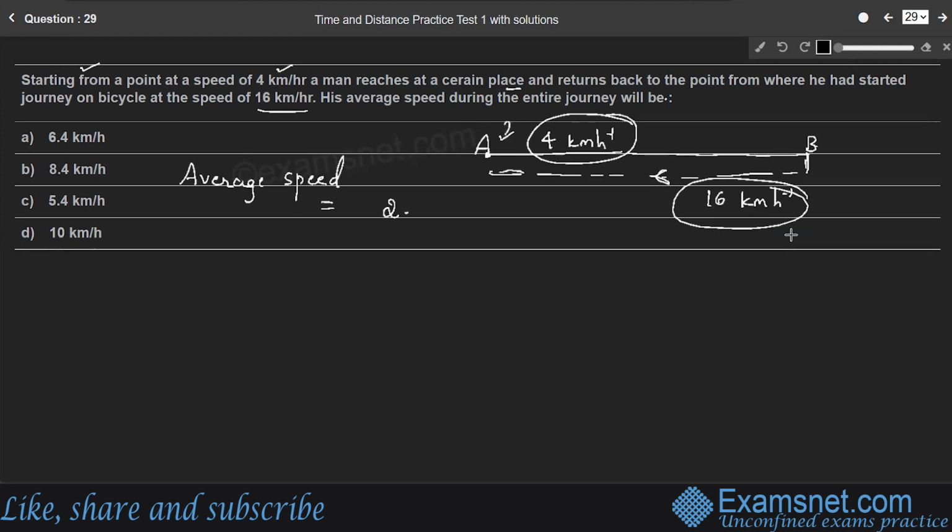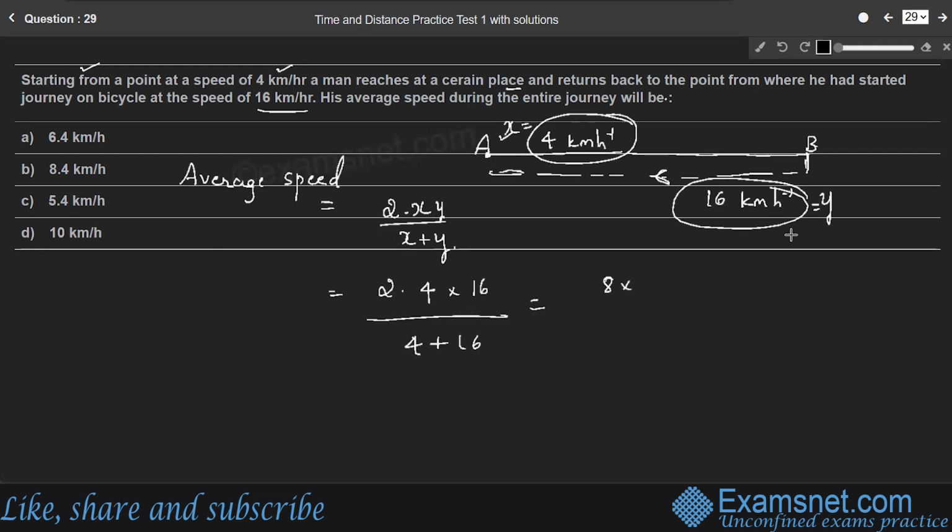If you consider X as his first speed and Y as his second speed, it becomes 2XY divided by X plus Y. Therefore, 2 times 4 km per hour into 16 km per hour divided by 4 plus 16.